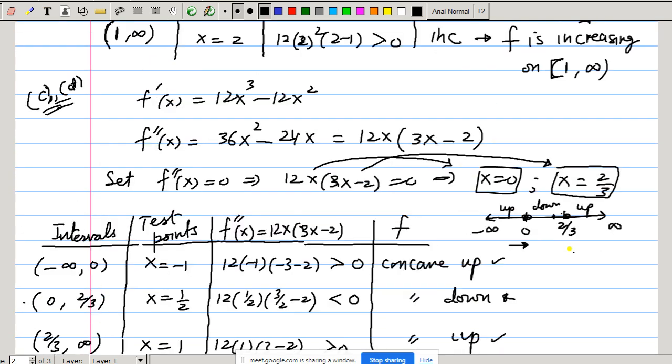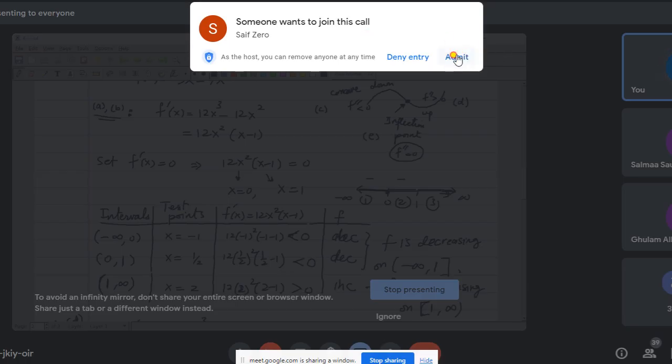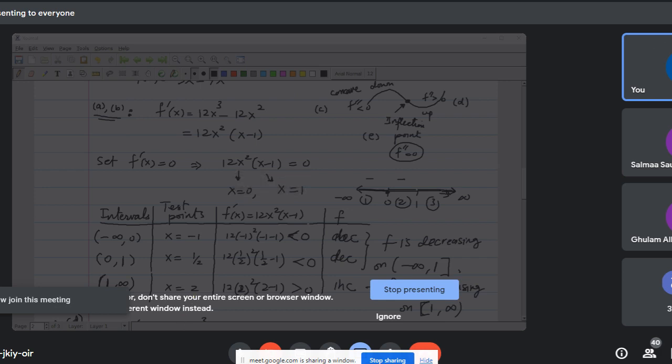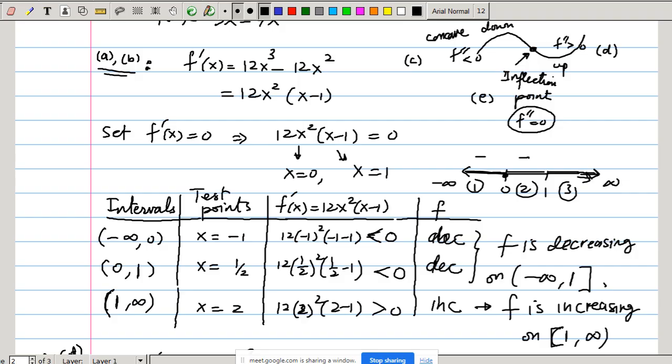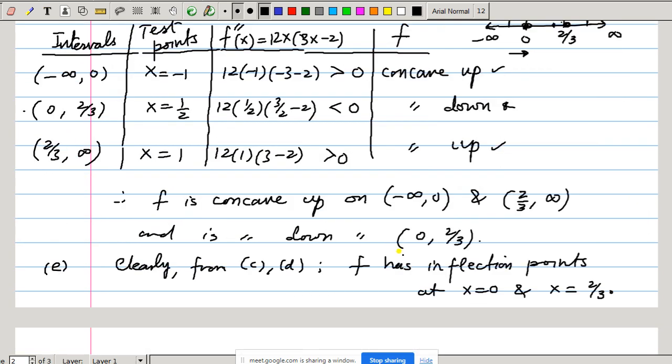So if I ask you only the intervals of concavity, you will work with the second derivative. If I ask you intervals of increase and decrease, you will work with the first derivative. Any questions so far? Guys, any question? It's clear, right?